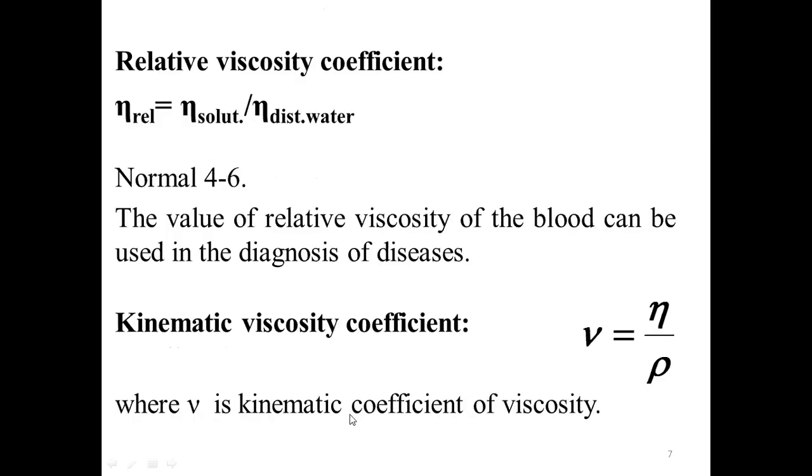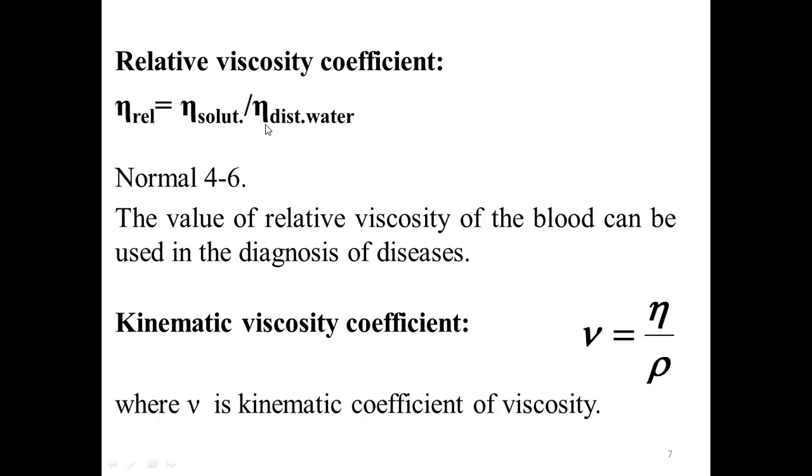Very often it is convenient to use the relative viscosity coefficient, which we define as the ratio of the viscosity coefficient of the solution to the viscosity coefficient of the solvent.